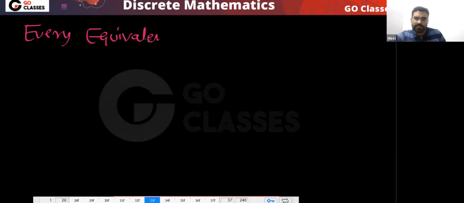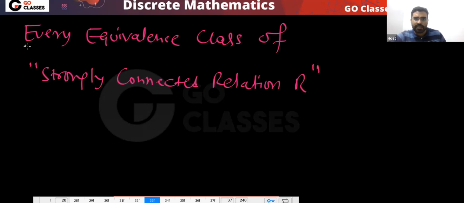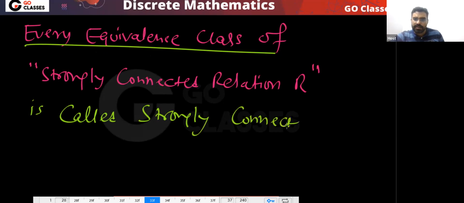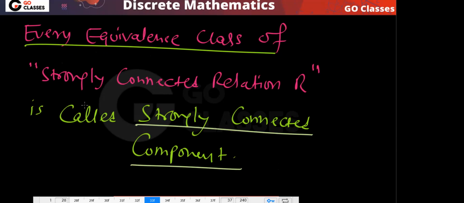Every equivalence class of this strongly connected relation, the relation that we have defined, is called a strongly connected component. Don't worry, if you have any doubt, this will become clear with an example.